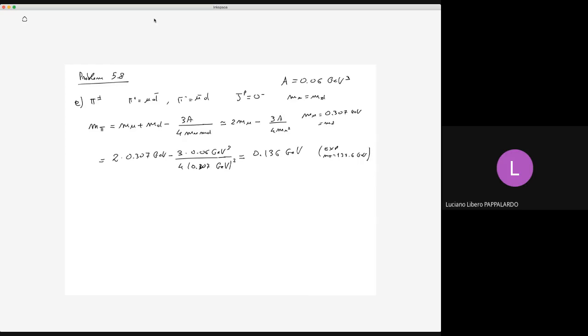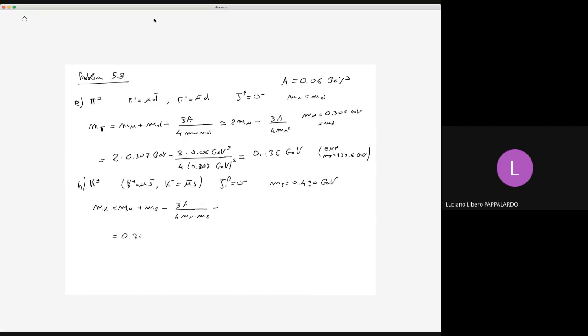Let's take the kaons. Now the K plus is equal to u s bar, the K minus to u bar s. They are still pseudoscalar mesons. So the mass of the K mesons is the mass of the u plus the mass of the strange quark minus 3 times A over 4 times the mass of the u times the mass of the strange quark. For the strange quark, we have to use from the text 0.490 GeV. So we just substitute here.